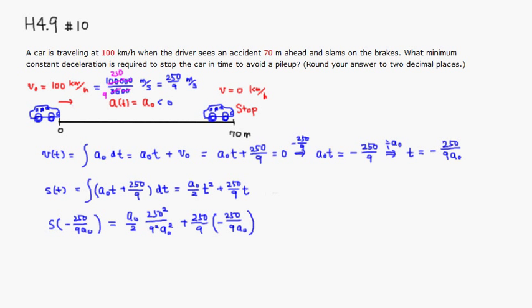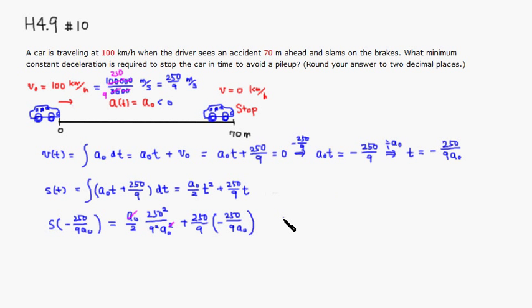Let's simplify that. One of the a0 on top cancels out, and you're going to have 250 squared over 9 squared a0 over 2, and a minus 250 squared over 9 squared a0.